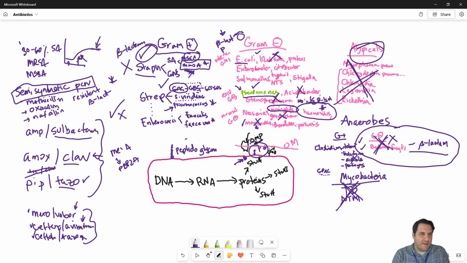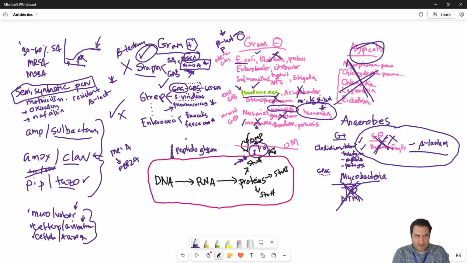So just be really careful of that distinction. Like I was talking about, you'd like to just say, oh, gram positives. Oxacillin works on gram positives, but it doesn't really work on faecalis, doesn't work on faecium, doesn't work on viridans group streps. It just works on MSSA, won't work on MRSA.